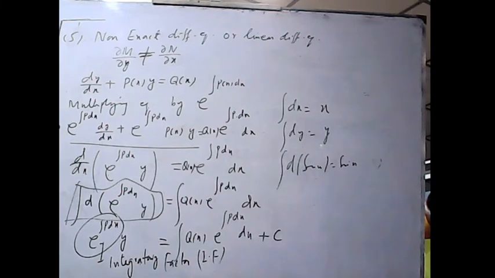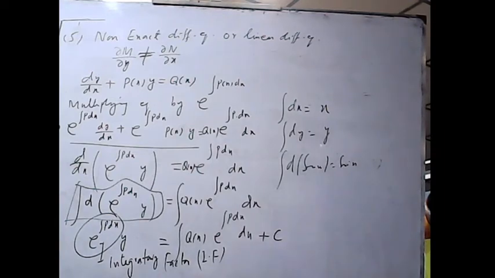But in a particular problem, p and q are defined, so you can easily first find the integrating factor e to the power integral p dx, then multiply the whole equation, then the left hand side becomes the u into v formula, and then finally integrate. So you can easily find the solution of a linear differential equation, the alternate form of the non-exact. If the equation is non-exact, then you try to solve it as a linear differential equation.